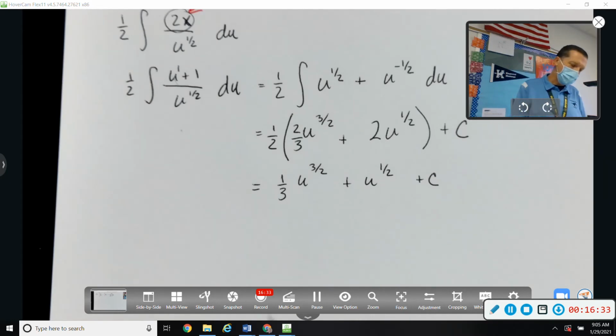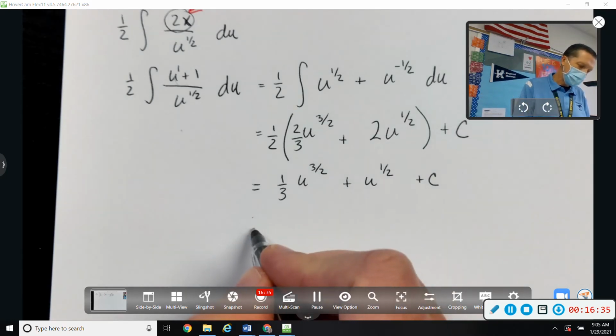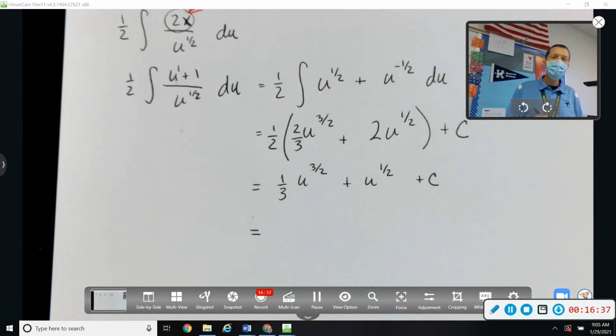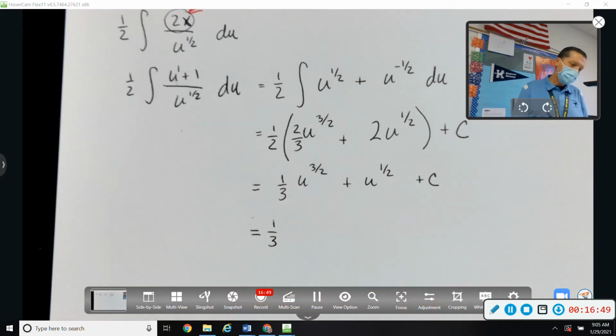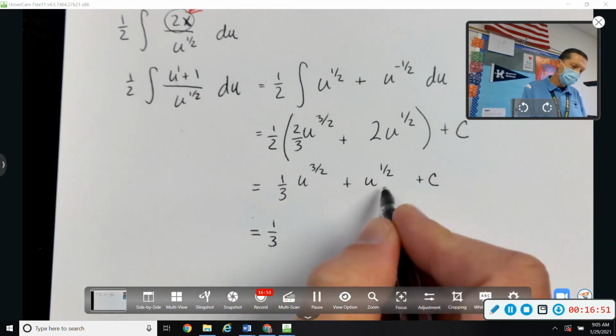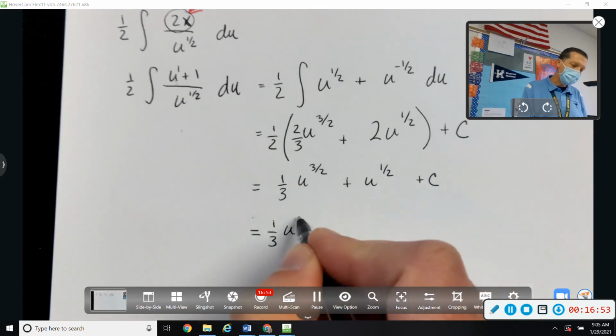I'm going to factor out, because I want to get used to getting the right multiple choice answer on the test next week. So I need to work on my algebra. I'm going to factor out the smallest coefficient, that would be 1/3, and the smallest power, that would be u to the 1/2.